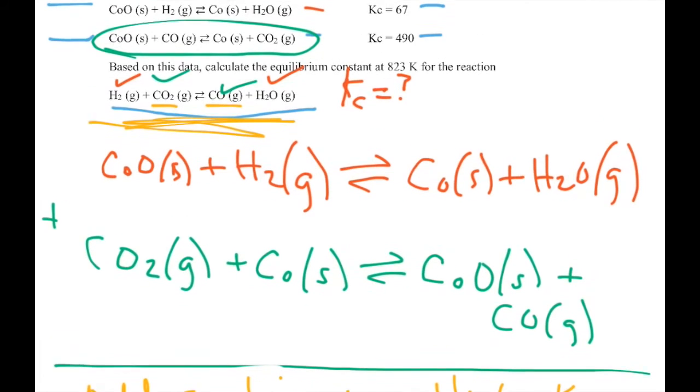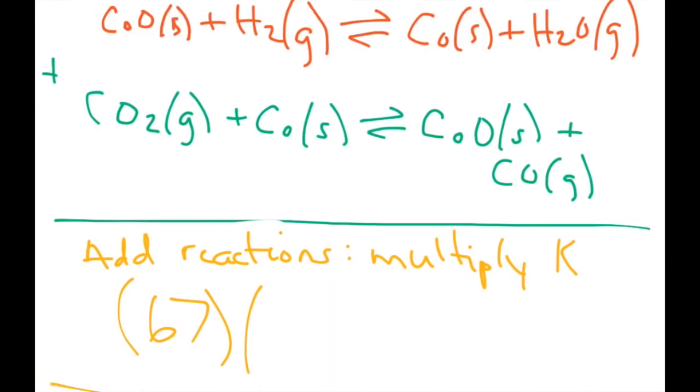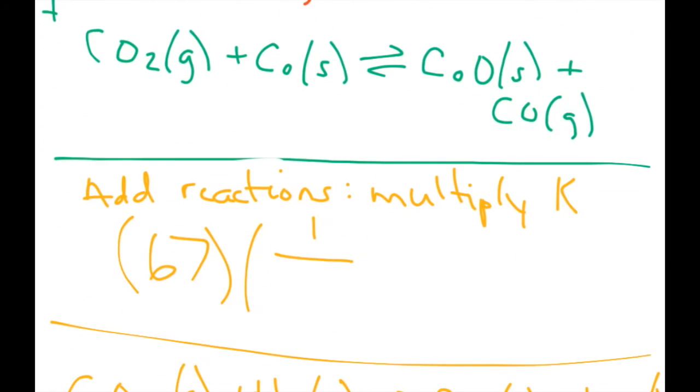But what about the second one? Remember, we inverted it, we flipped it. Now in Hess's law, you could simply change the sign. Remember, positive to negative, negative to positive. However, with Kc values, you actually need to take 1 over that value. That's our method of inverting here. We call it taking the reciprocal. And you're still going to multiply.